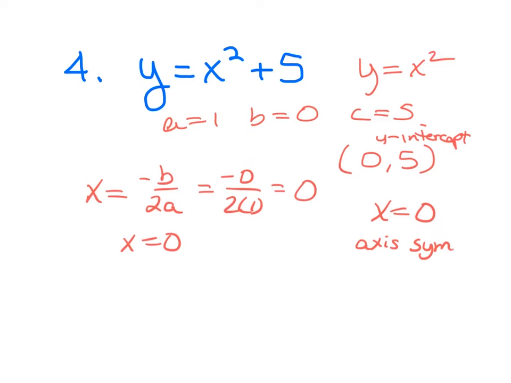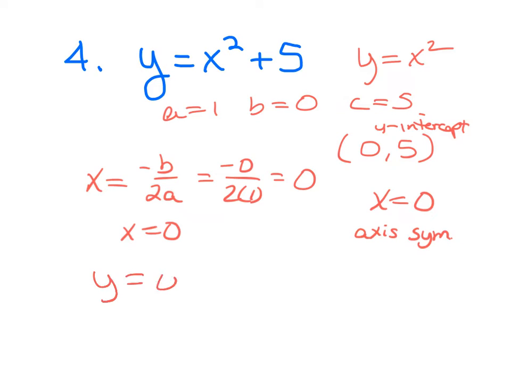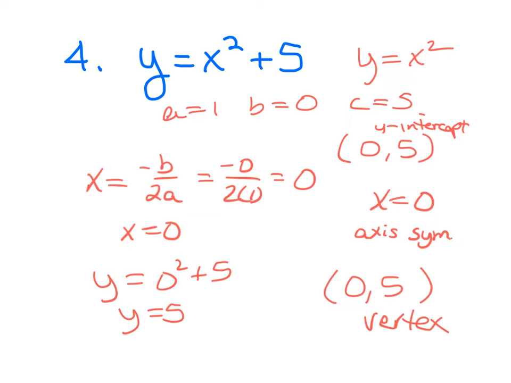So now I'll plug in the 0. And you can already see that your y-intercept is also your vertex. So for this one, I'm going to need to do a table because I'm not going to be able to use the line of symmetry because I don't have a different y-intercept. Does that make sense? All right, so let's go ahead and go to the next slide where the graph is.